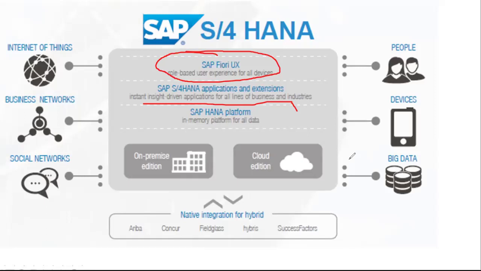Not all your conventional, old-timer concepts to do extension, like screen exits, are gone; they are still available, and you can use them in S4 systems. Then the default database is HANA, the so-called in-memory computing engine. So you get all the benefits of the SAP HANA database out of the box as part of the S4HANA solution. It's a simplified model, and you get all these benefits.